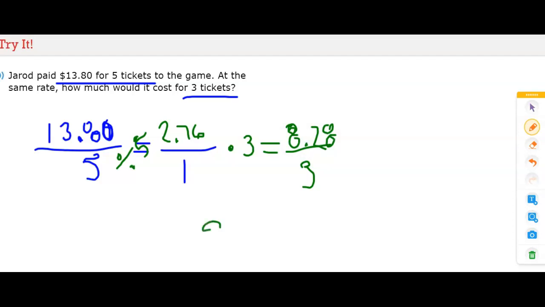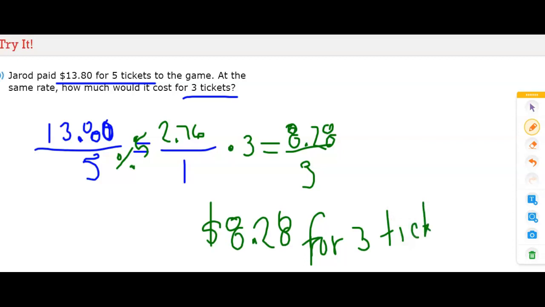So the cost would be $8.28 for 3 tickets. And that's it.